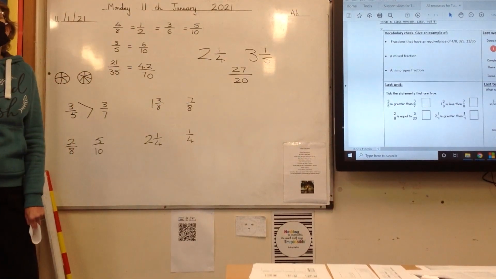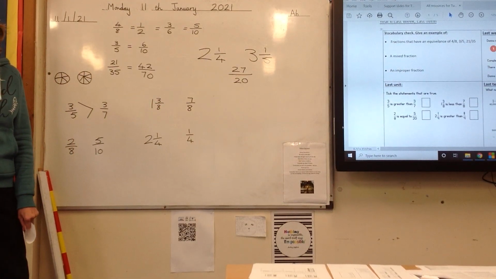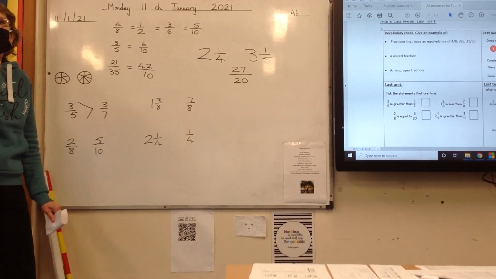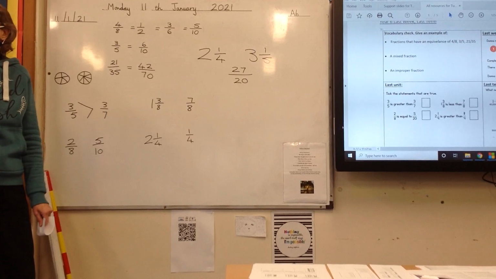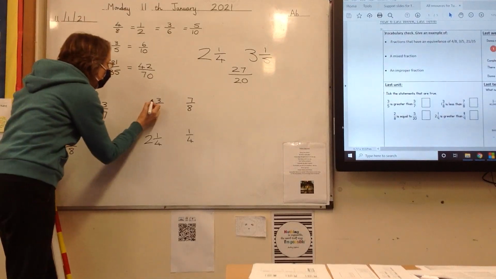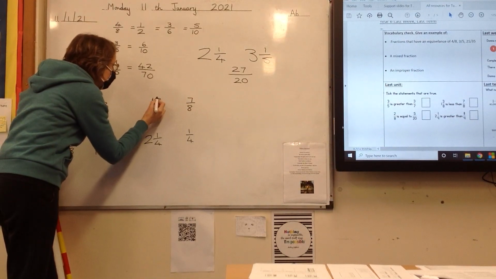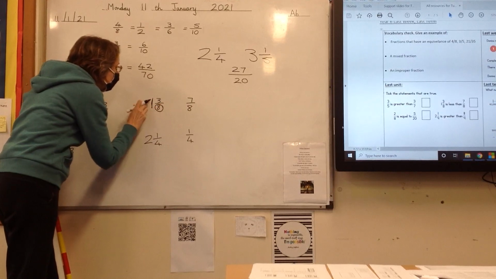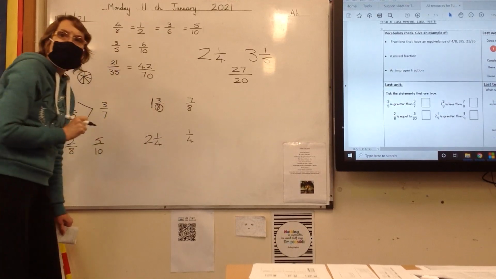Okay, so going back to this question, we've got 1 3/8 and 7/8. What would we need to do to decide which one is biggest? What would be a sensible thing to do so we can compare them easily? What could we do? Put the whole number back into the 3/8. Yeah, good. So we've got 1 whole one and 3/8. We know from the denominator that each whole one has 8 pieces in.